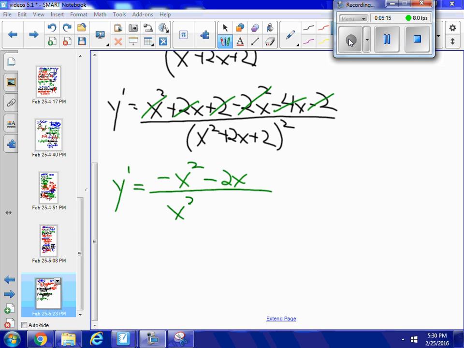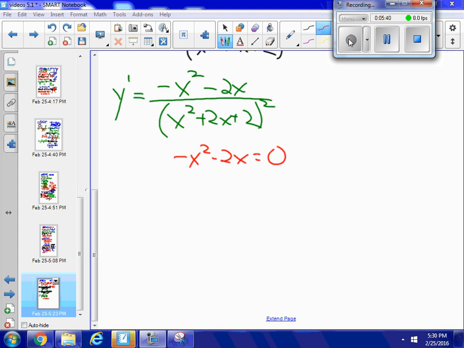Divided by x squared plus 2x plus 2, squared. And if I want to find out where this derivative is equal to 0, I don't really have to look at my denominator, and I already know that my denominator can't be turned into 0 from earlier, but I just need to know, well, where is negative x squared minus 2x equal to 0?